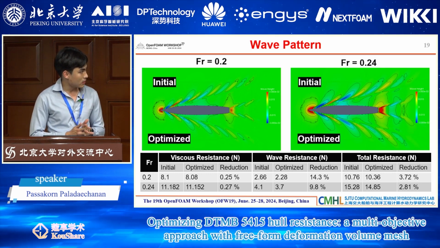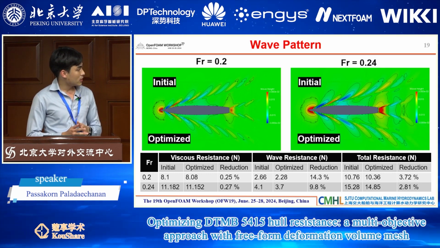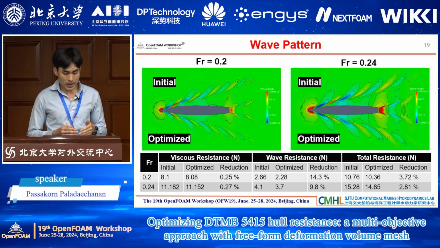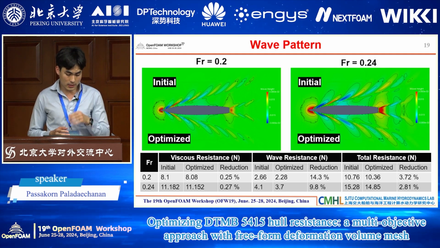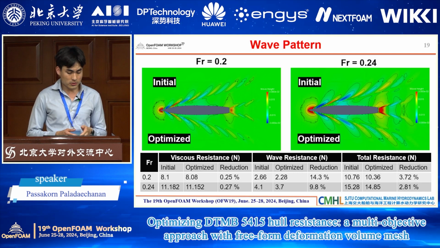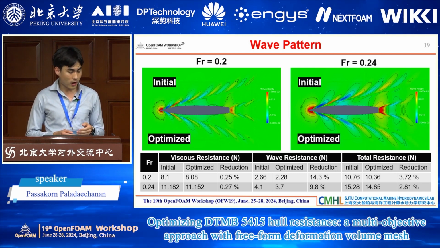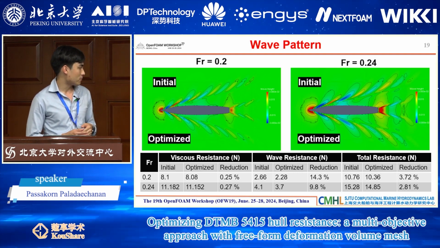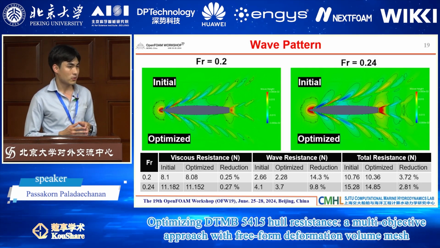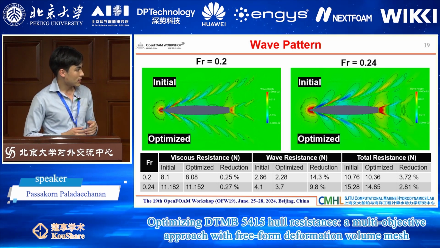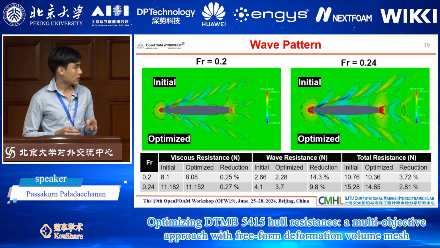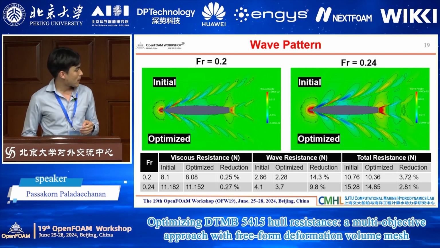And for the wave resistance, in this context we can reduce the wave pattern, and the wave pattern is also part of the wave resistance. As you can see, the wave resistance is also reduced by more than 14% for Froude number 0.2 and 9.8% for Froude number 0.24. So that influences the total resistance to reduce around 3% for both Froude numbers.